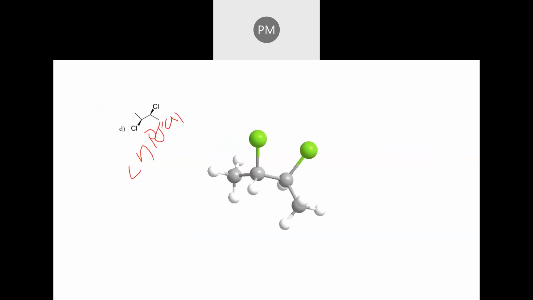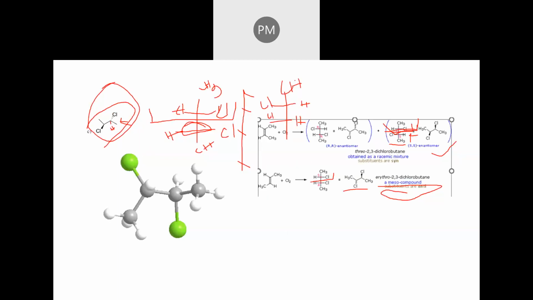In the next example, the two chlorides are above, and if we draw it similarly, with the two chlorides above in this conformation, there will be no sigma plane between them. So these are chiral molecules.